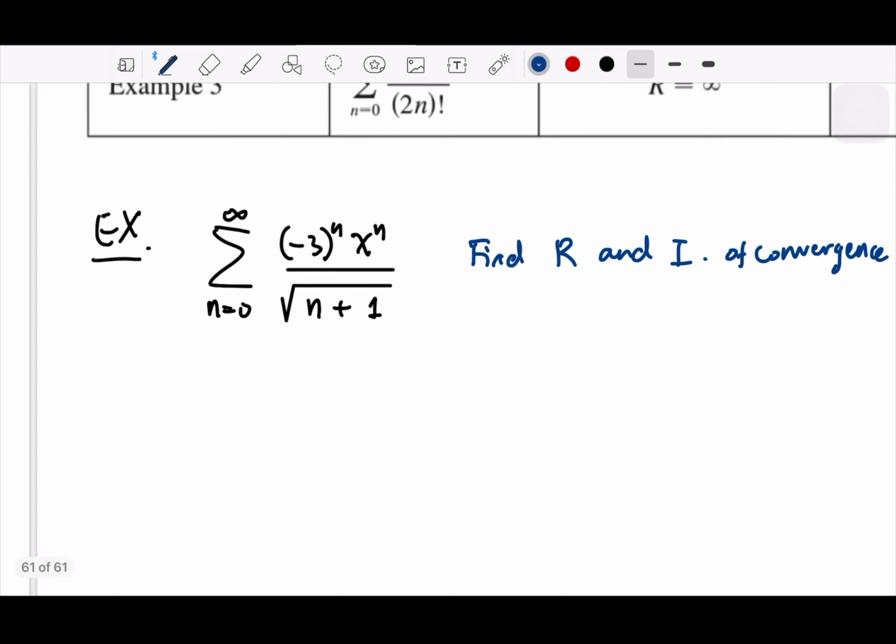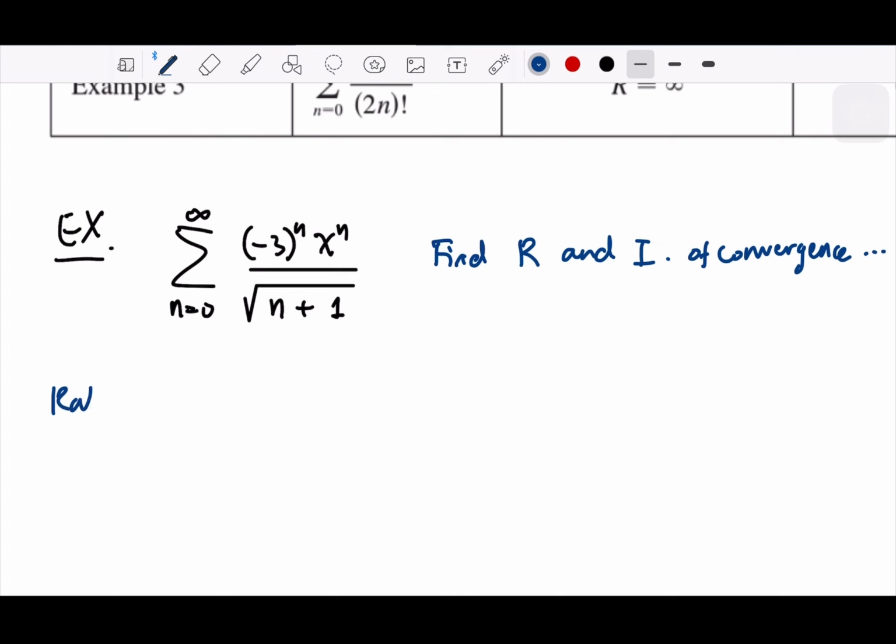So first, let's write the ratio test. By default, this is the method that we are going to work with.